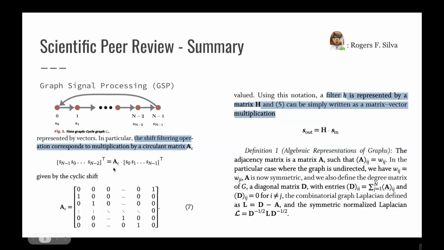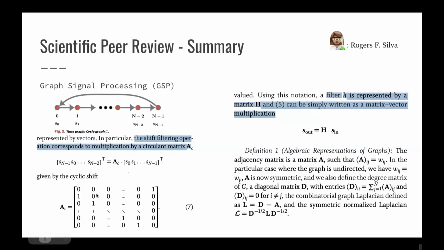And this can be represented in graph form using a cycle graph like this, where columns represent where you're coming from, and rows represent where you're going to. So sample 0 goes to sample 2. This is what it's saying. So when you apply a shift, the value at this node moves to this node, and so on and so forth.